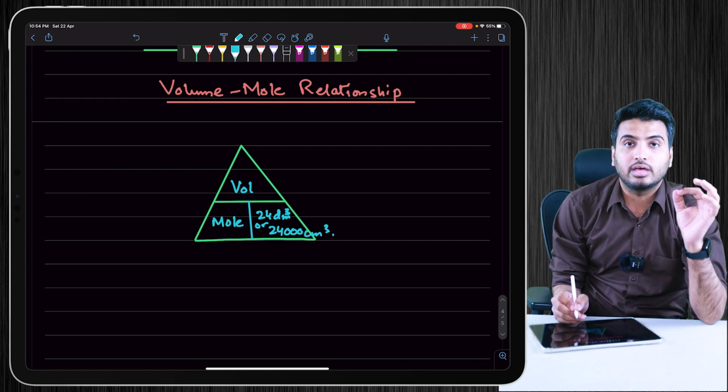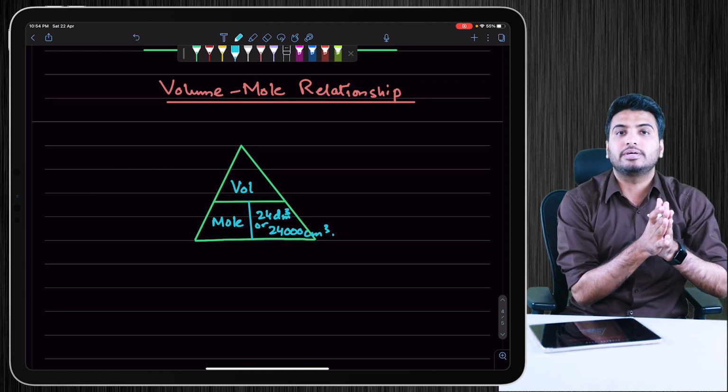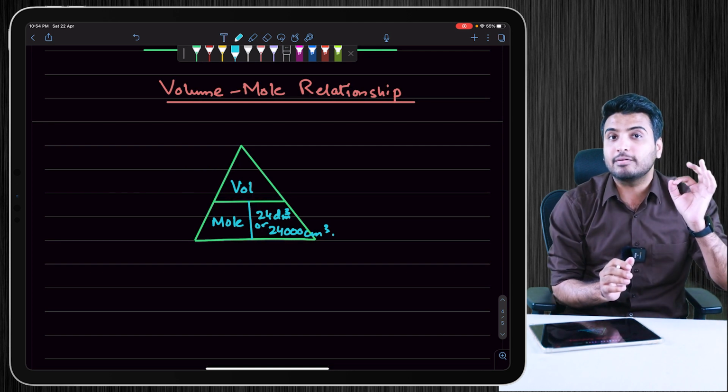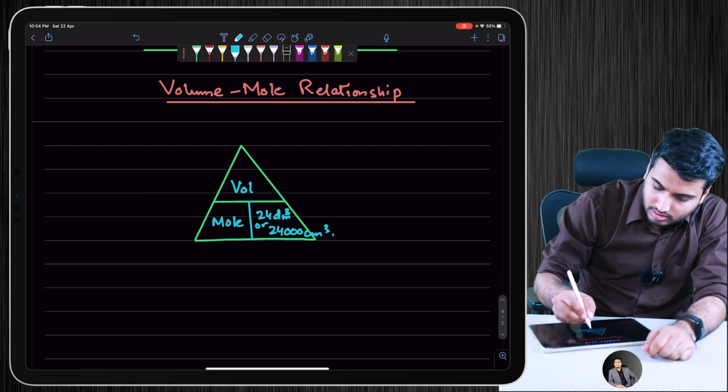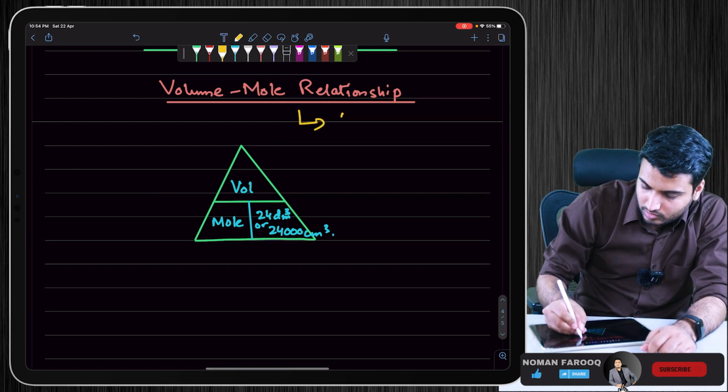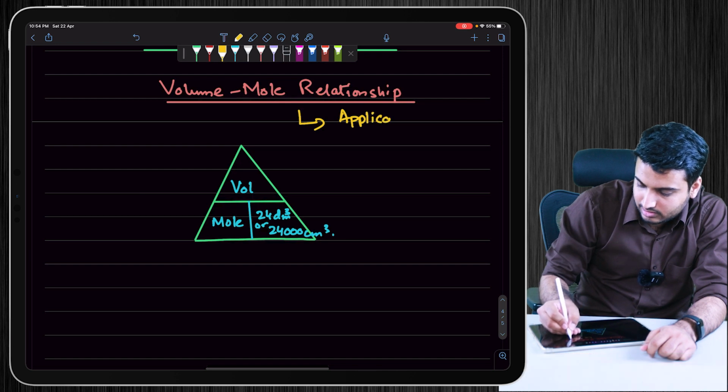So basically, first of all, the volume mole relationship is applicable only on gases.